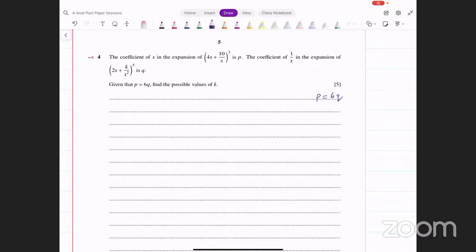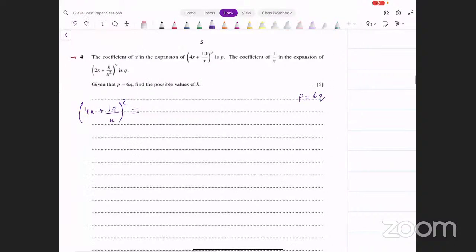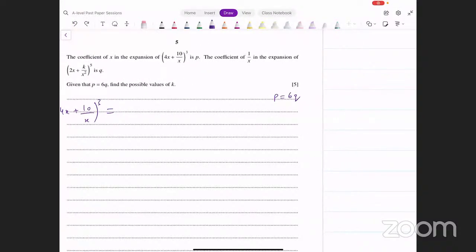अच्छा, so सबसे पहले एक expansion कर लें. You've got 4x plus 10 over x whole cube. Now, there are multiple ways of doing this. आप term formula apply कर सकते हो if you want, but it's a very small power. It's much quicker to just apply the binomial formula and expand that. उससे आपको directly मिल जाएगा. Right?